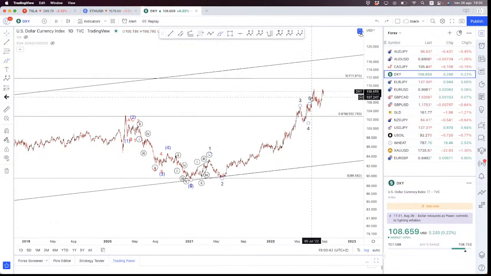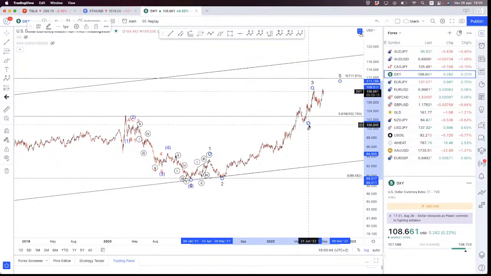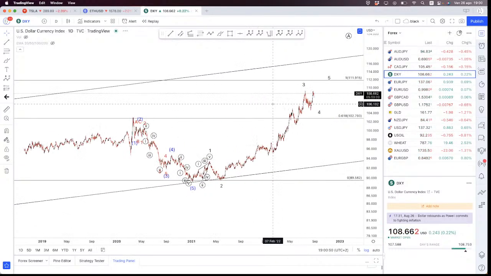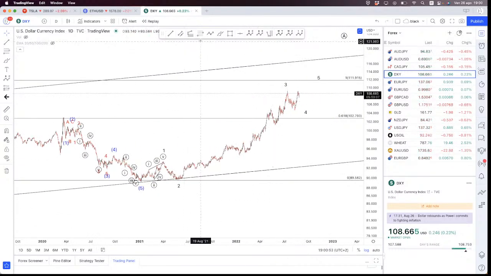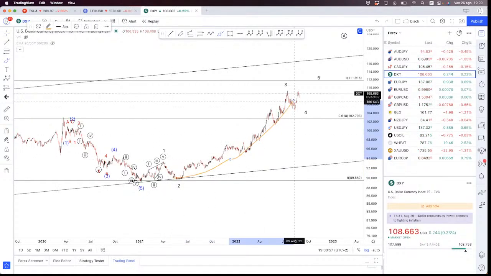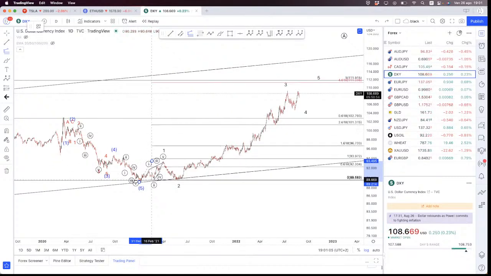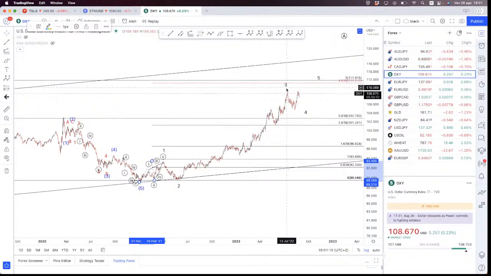So I'm not sure if we have a wave 3 in place yet. We've been moving higher quite exponentially. Yeah, next target would be 1.618 for wave 3.